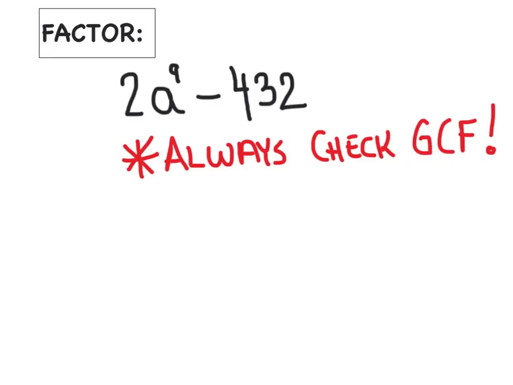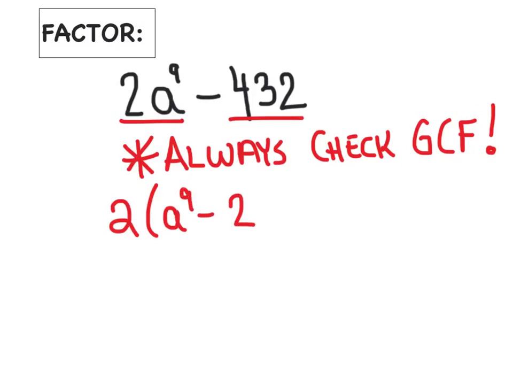Alright, so ask yourself, what's the GCF of these two terms? Well, I can at least factor out a 2. So if I take out a 2, that's going to leave me with 8 to the ninth minus 216. And here's the good news, alright? 8 to the ninth is a perfect cube, 216 is a perfect cube. What we've got here is a difference of two perfect cubes.